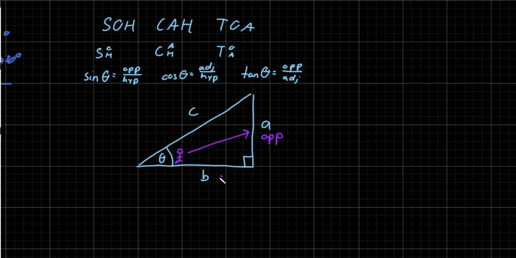If I'm standing on this, I'm right next to it. This is adjacent. This is a refresher from geometry last year. What is C? Yep, always my hypotenuse. If I'm opposite the 90 degrees, I am the hypotenuse.